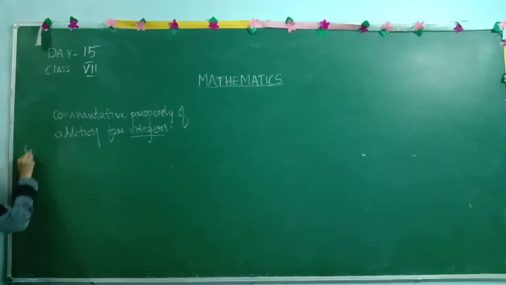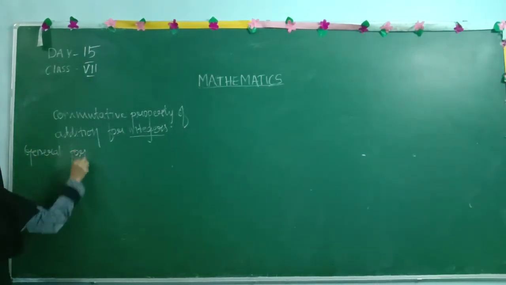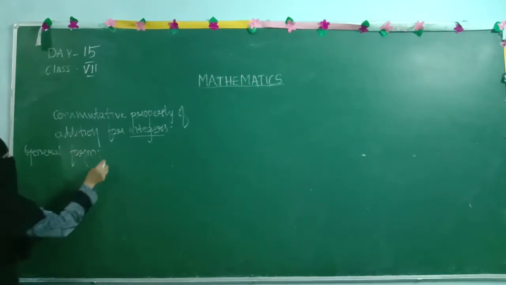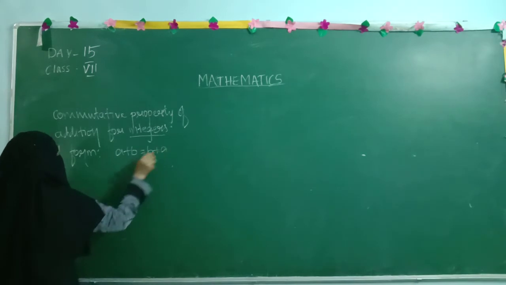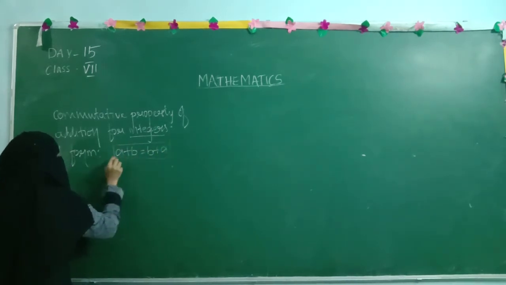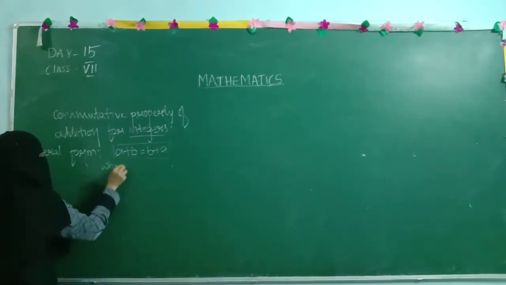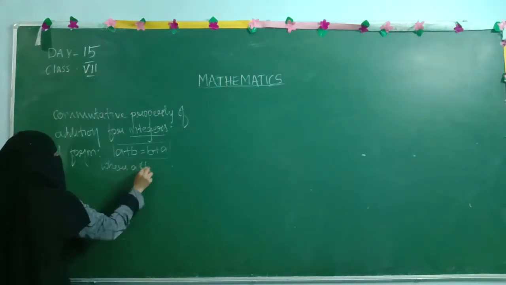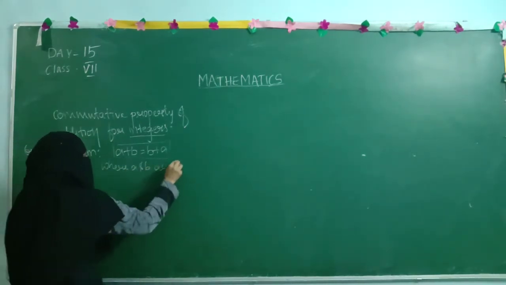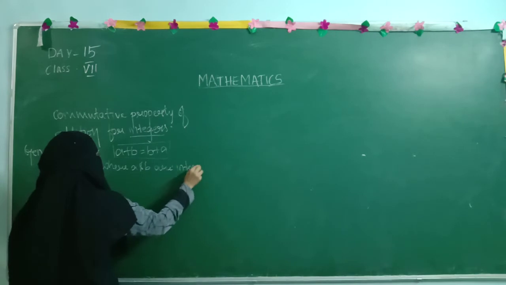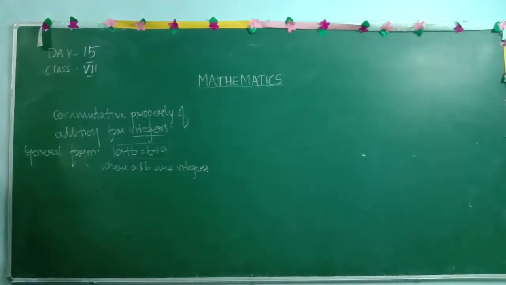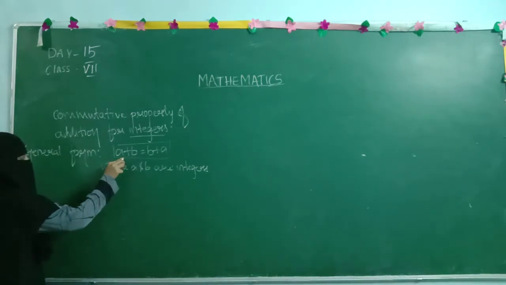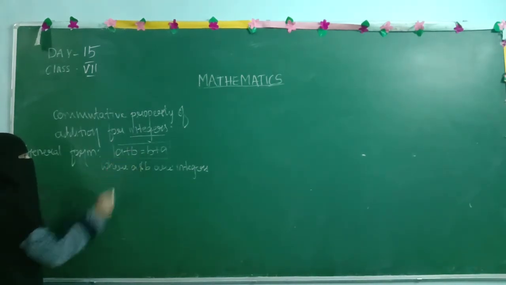The general form is a plus b equals b plus a, where a and b are integers. As we are having two parts here, this is the LHS part and this is the RHS part.